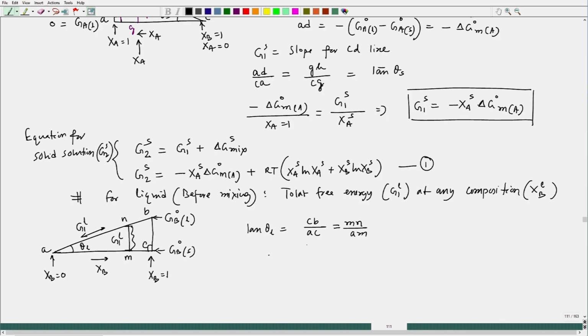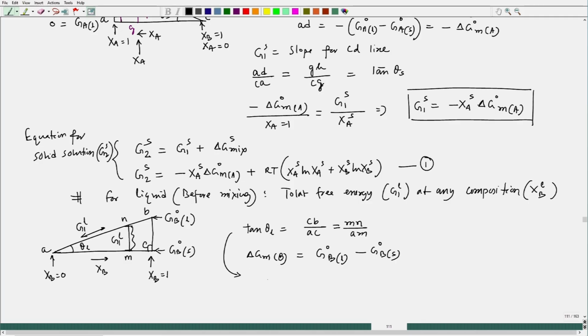Now, if I look at delta G M B, that means the melting free energy change for B, it should be equal to G naught B liquid minus G naught B solid.